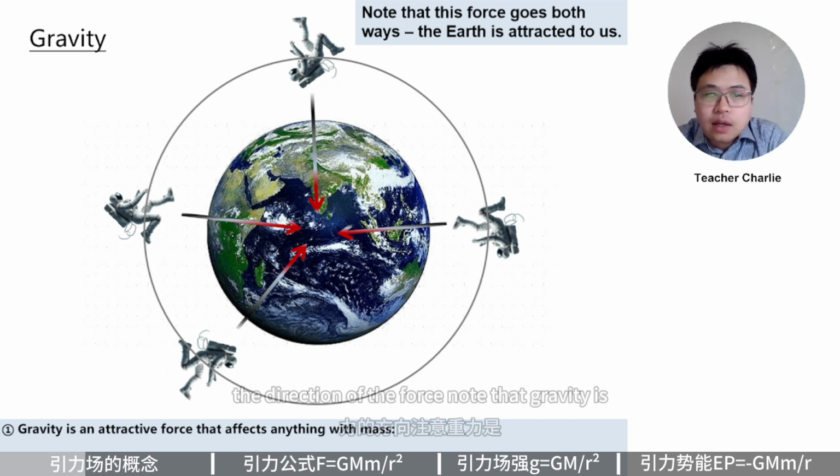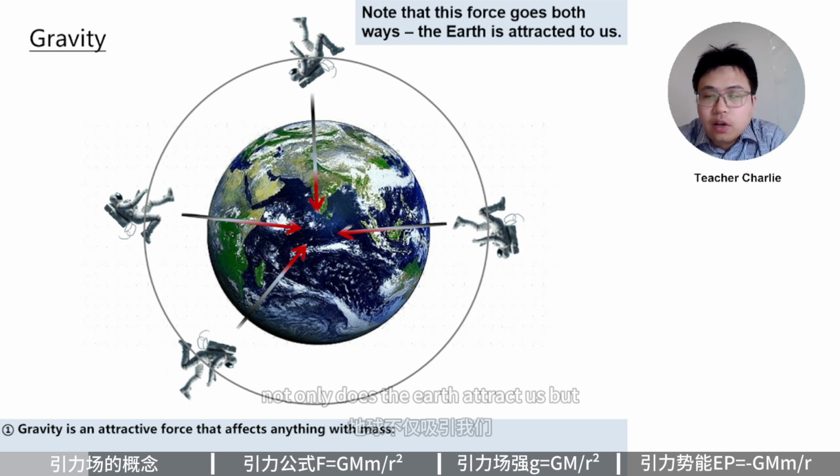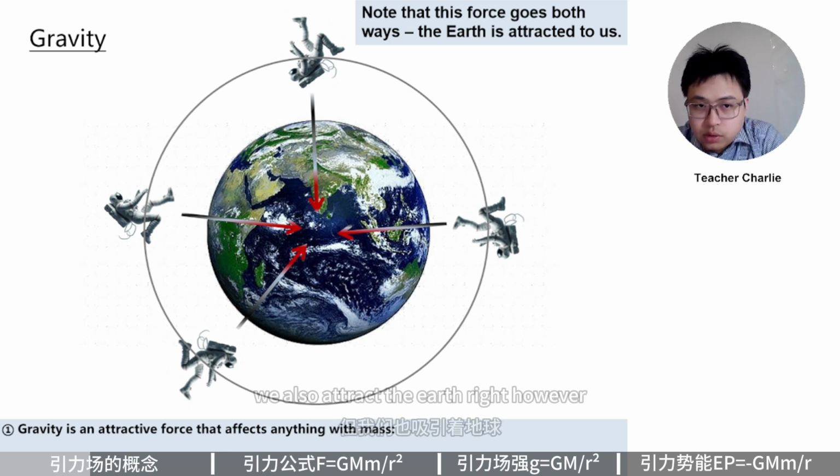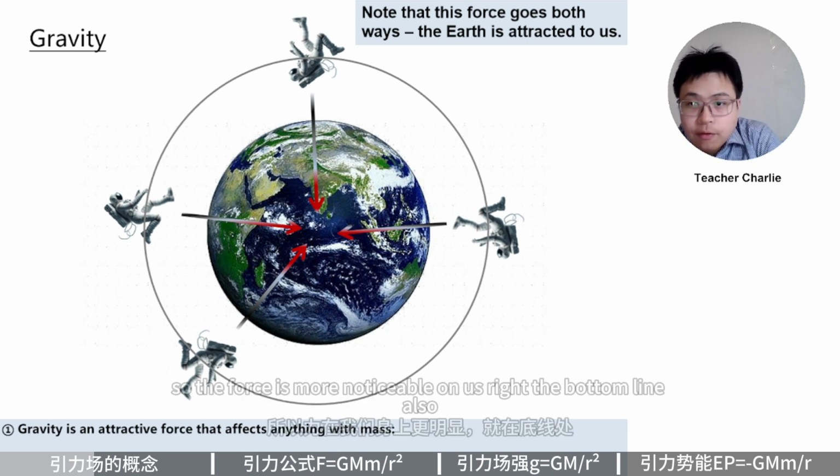Note that gravity is bidirectional. Not only does the Earth attract us, but we also attract the Earth, right? However, because the Earth's mass is much greater than ours, the force is more noticeable on us, right?